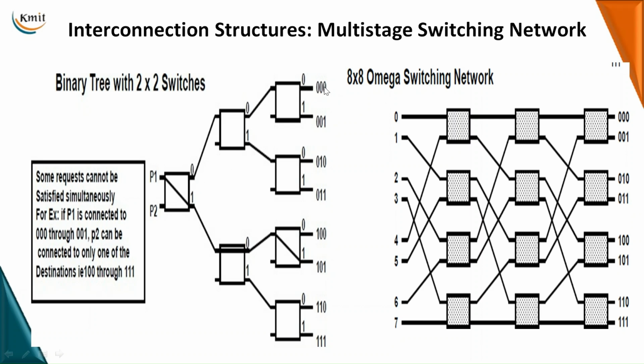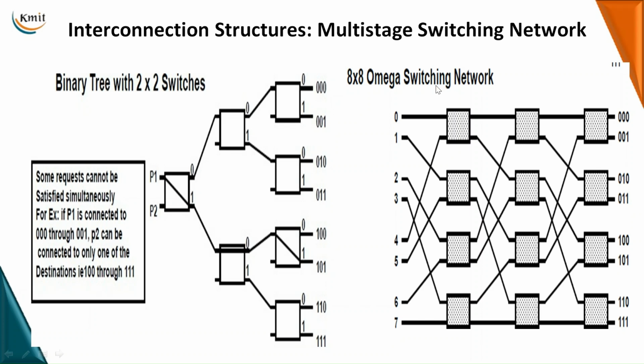From 000, the output is 0, it goes through this particular output 0 and 0, so this binary number 000 is allocated to this particular processor. Similarly, if you look at 101, it is output 1, 0, and 1, 101. This is how this processor can connect with any memory module or any other processor present in the network.